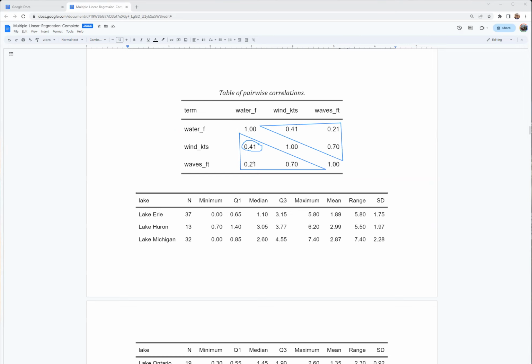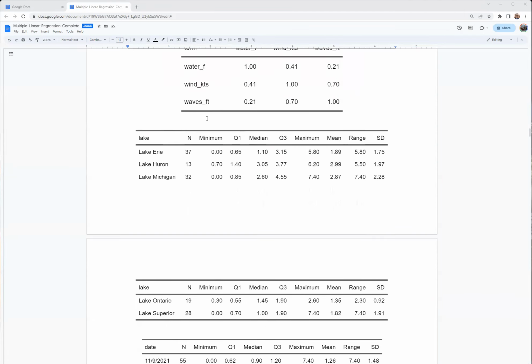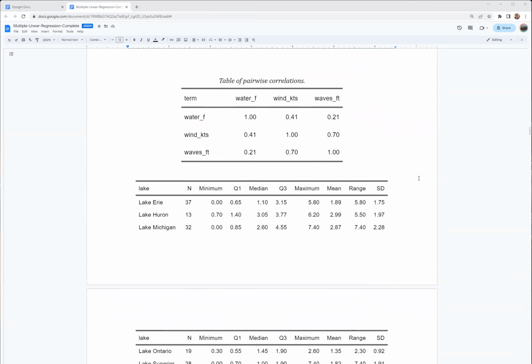The correlation between the wave heights and the water temperature is 0.21, and the correlation between the wave heights and the wind speeds, that's the strongest, right? We have a correlation of 0.7 between wind speed and wave heights. So our table of correlations gives us an idea of the relationships that we see.